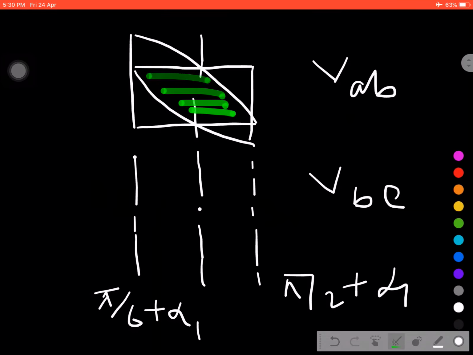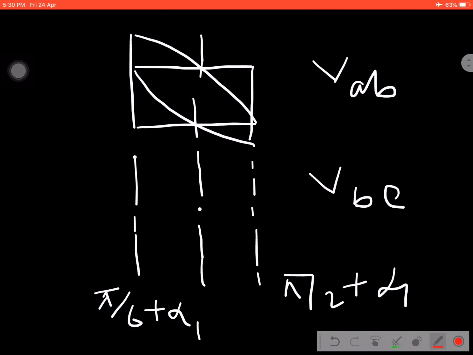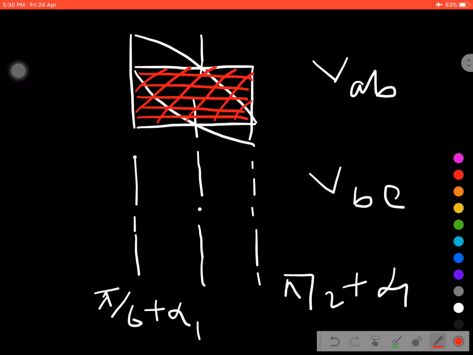I repeat, whenever we add these two waveforms, the area of the upper wave and the area of the lower wave, I'm talking about VAB and VBC, are the same in magnitude. So automatically we can cancel this part as the areas are the same. Ultimately the remaining area is this one.